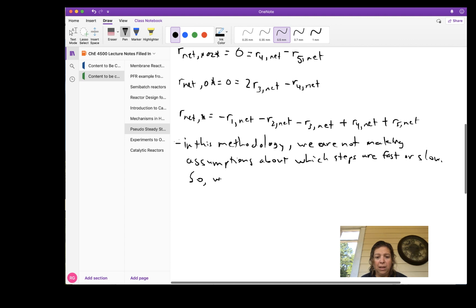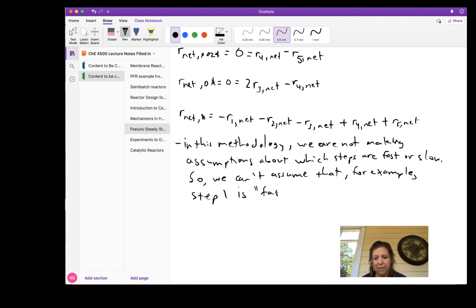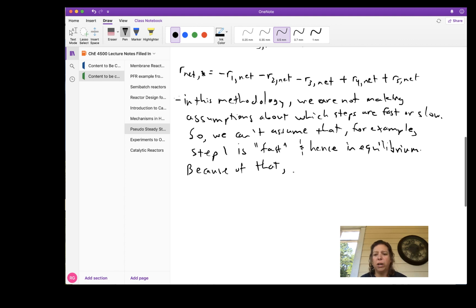So in other words, we can't assume that, for example, step 1 is fast, or relatively fast, and hence in equilibrium. We can't make that assumption. So because of that, we end up not having expressions for the coverages of our different species.